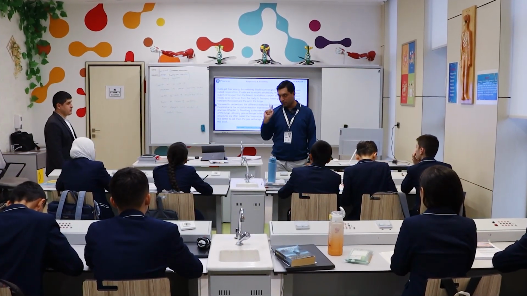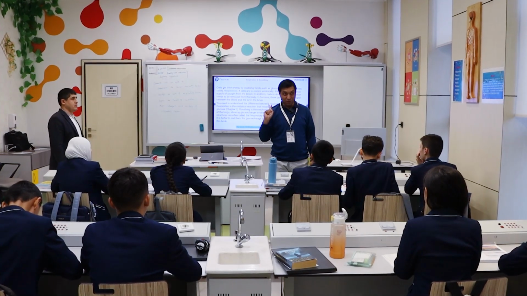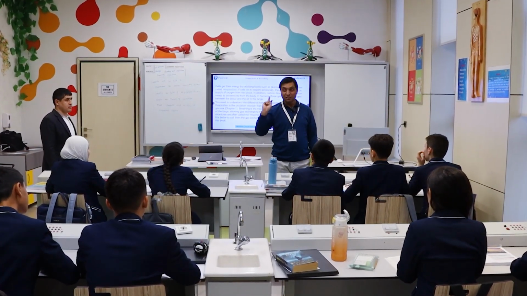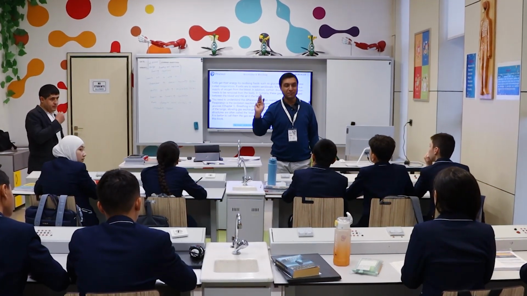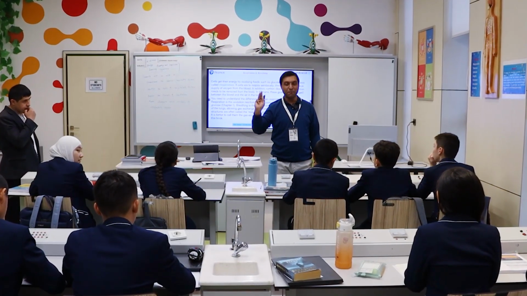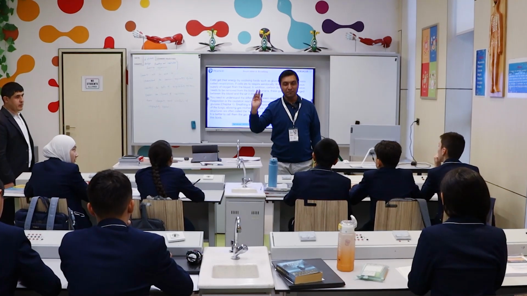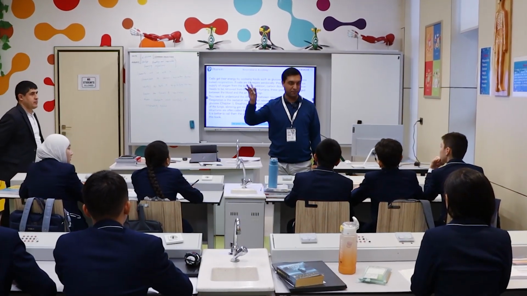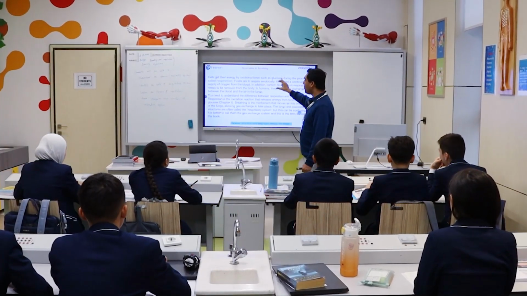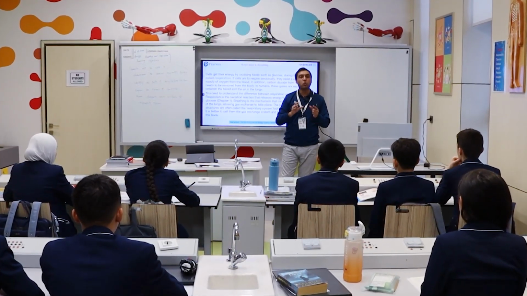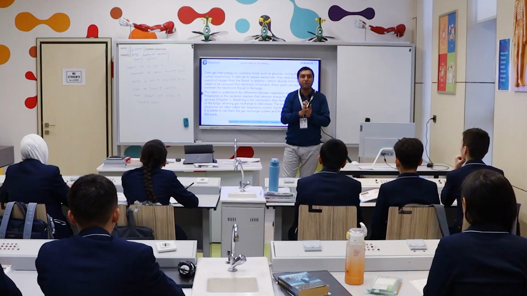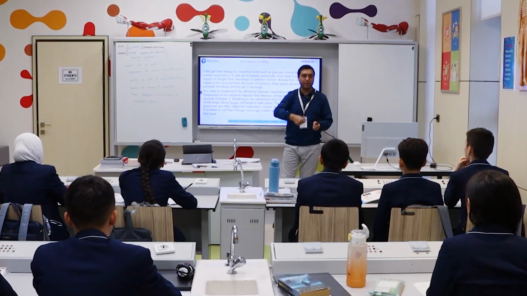I will give you one example. Digestive system, circulatory system, nervous system, reproductive system, right? We have too many systems. Here we only focus on the respiratory system, so we discuss those parts of the body which are involved only in the process of respiration.